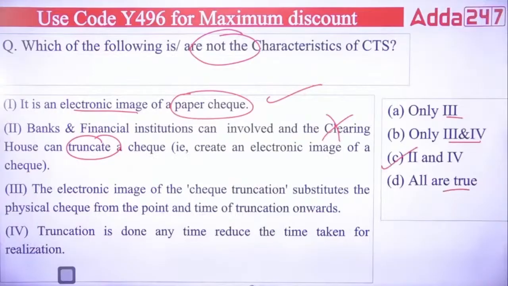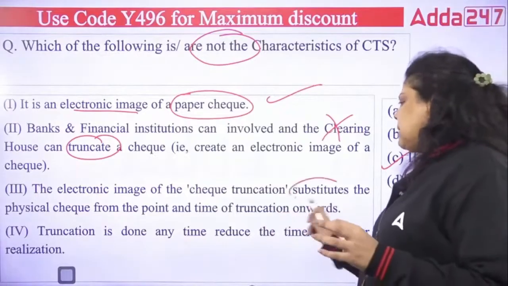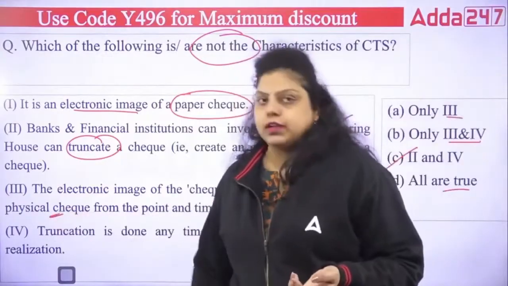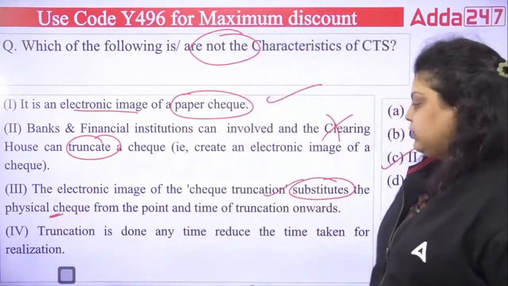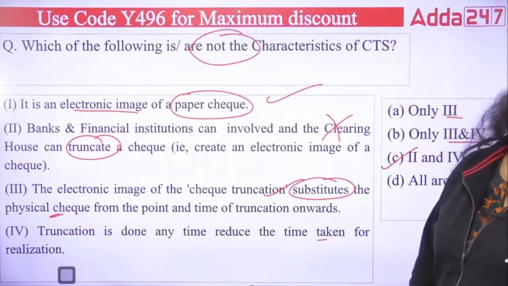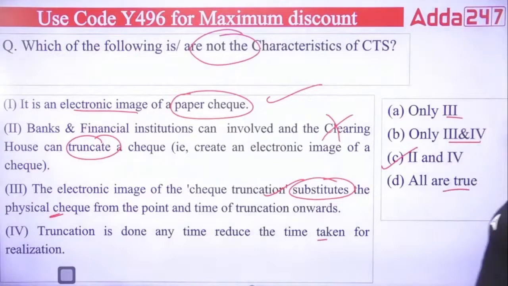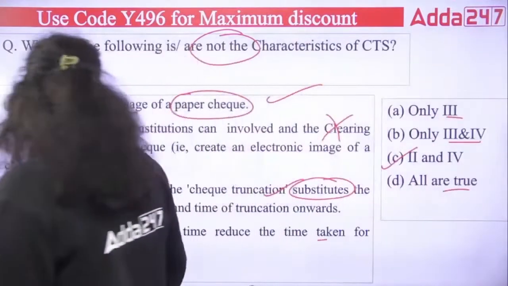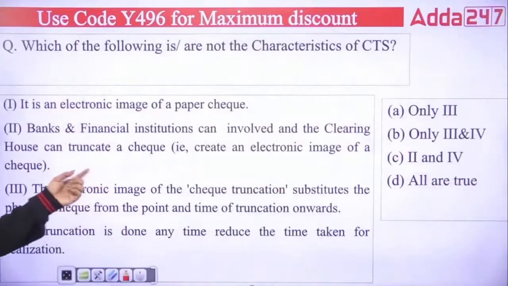So the second statement is wrong, and that's why the right answer will be C. Now the third is also true, that the electronic image of the check truncation is the substitute of the physical check. The fourth is saying truncation is done anytime, reducing time taken for realization. This is wrong. So the right answer will be C, that second and fourth are not characteristics of CTS, check truncation system.